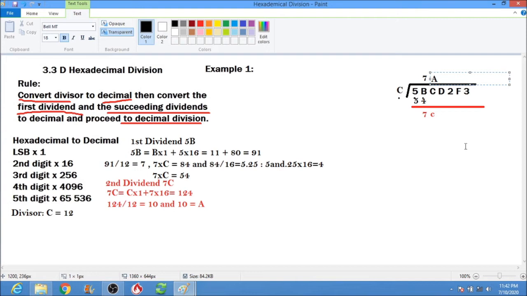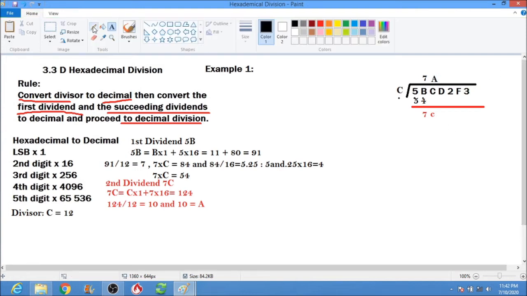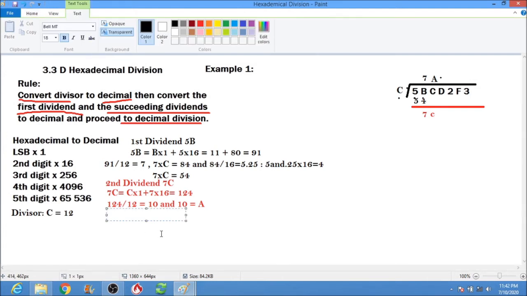Then we have A times C. So multiplication now. A times C is equal to 10 times 12, and that will be equal to 120. So 120 converting to hexadecimal.